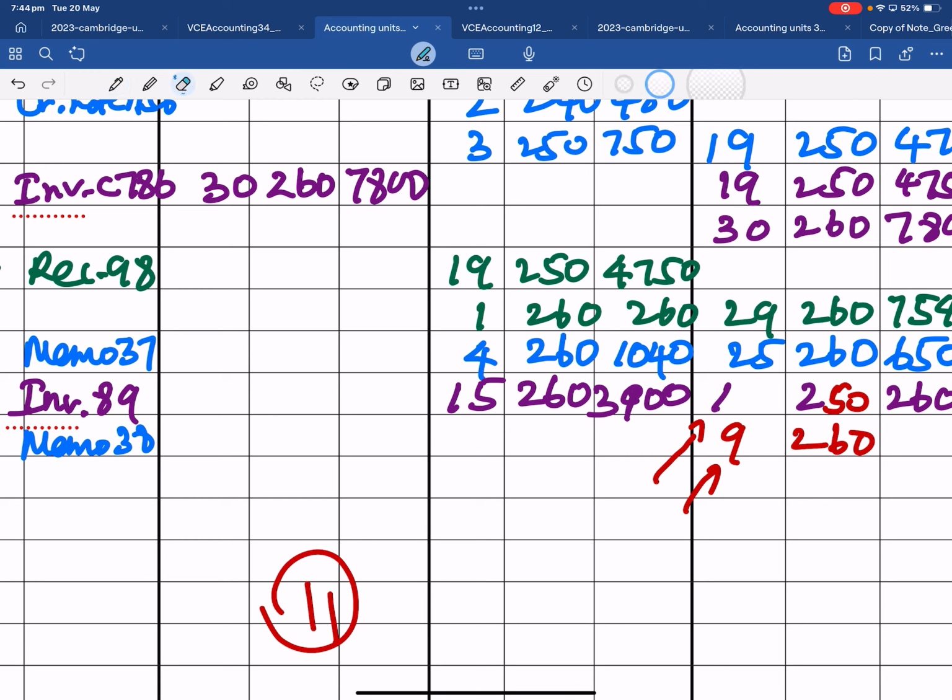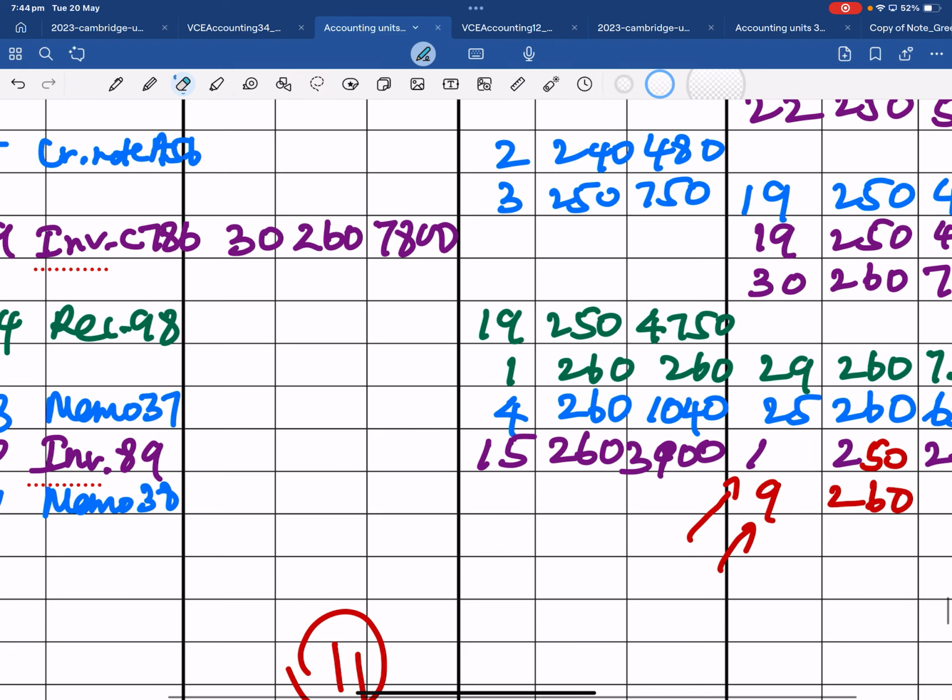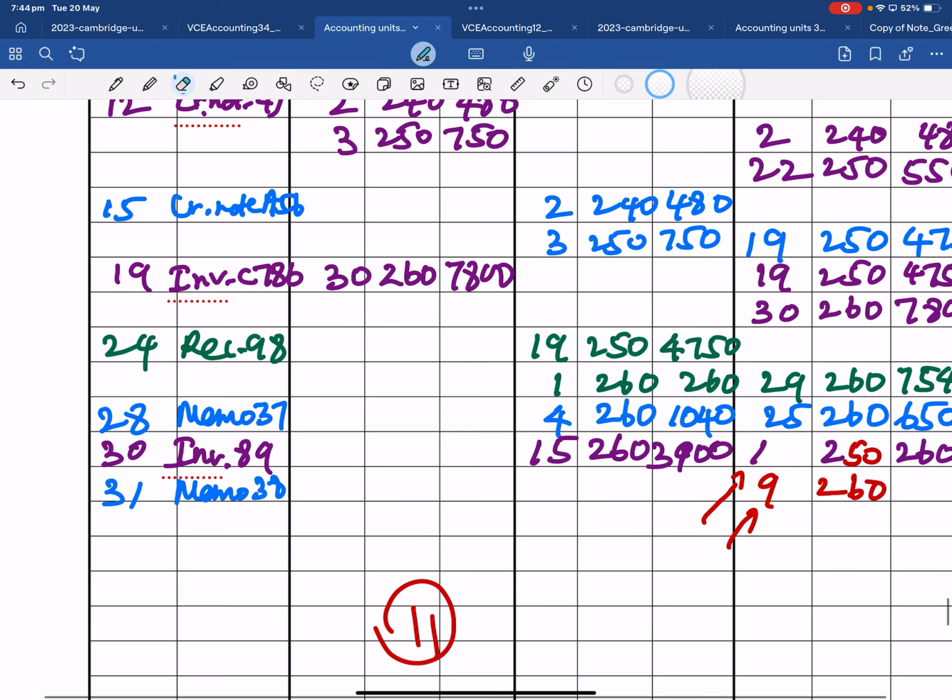Actually, there is a different rule for that. It will be valued at 260. You know why? In FIFO, now we have a problem. We don't have the exact cost price for that.